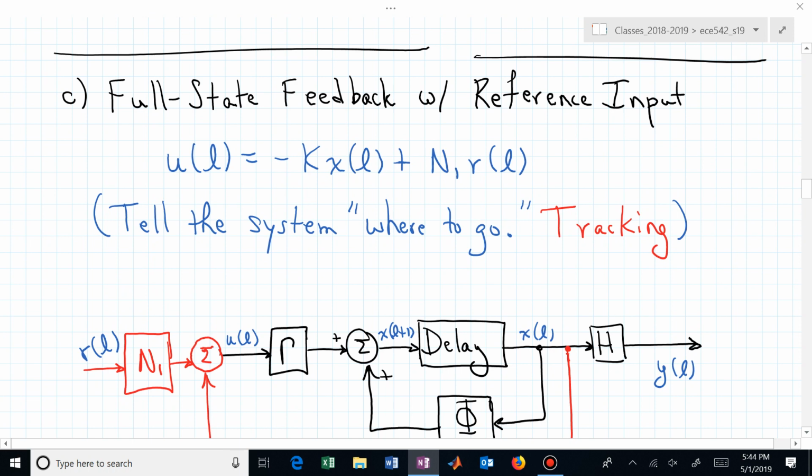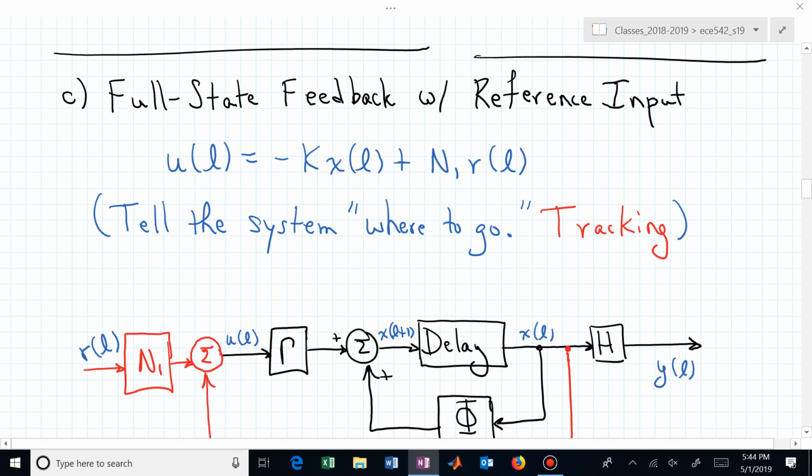That B representation told the system how to behave, but it really didn't give us any flexibility on telling it, I want to command this system to go to a certain value or location. I want it to go to 4 when I give it a reference input of 4.